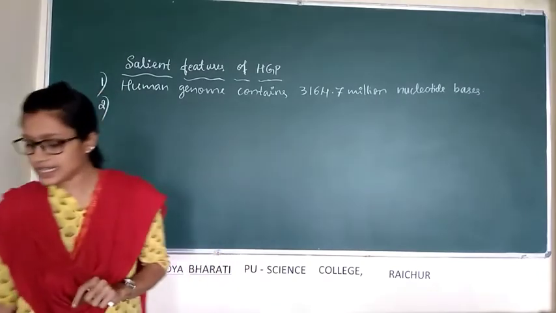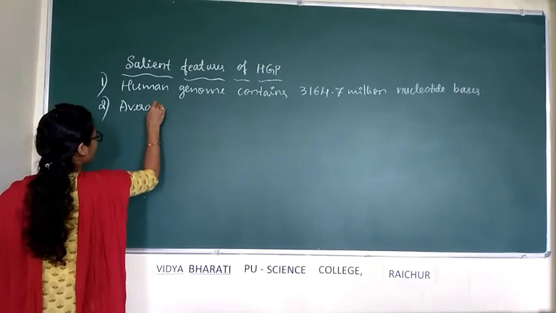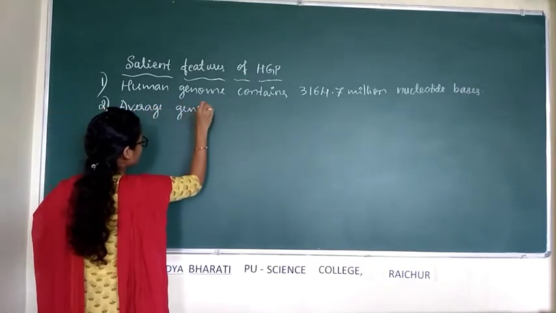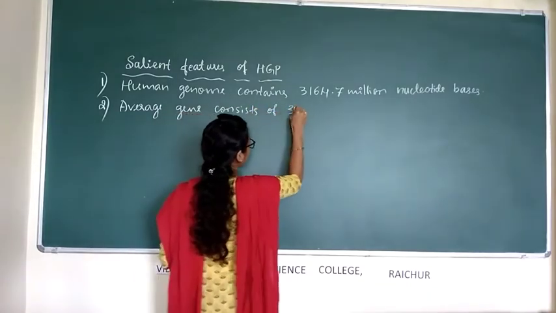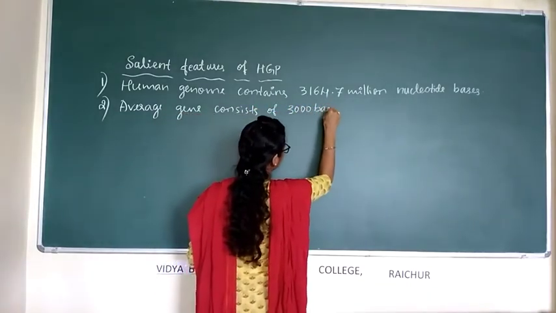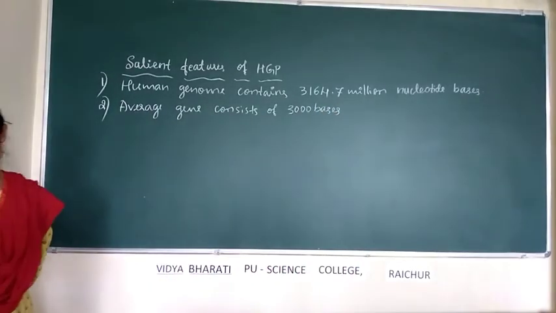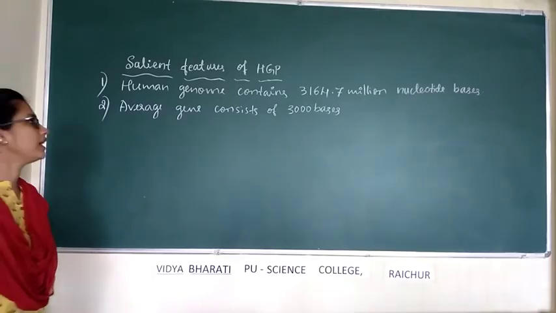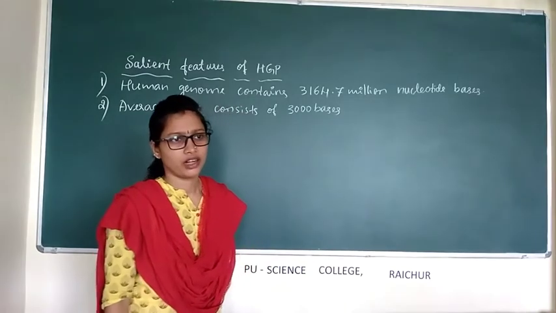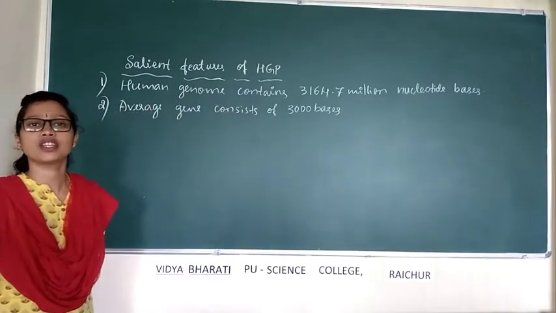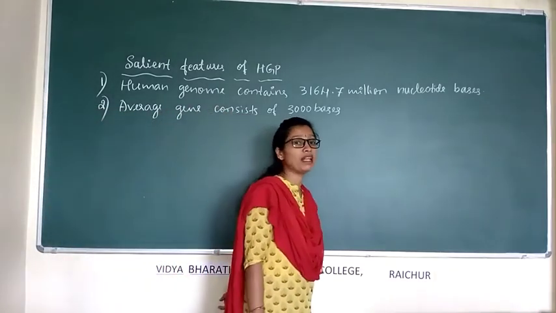Then the second salient feature is the average gene consists of around 3000 bases. And the largest human gene is dystrophin, which contains around 2.4 million bases.